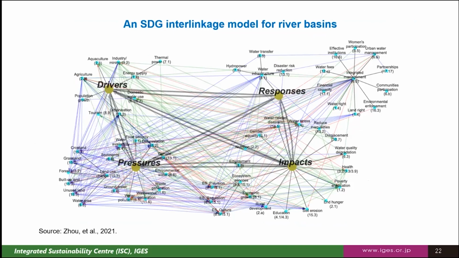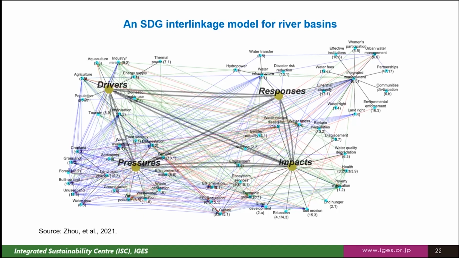Through the systematic review, we built a qualitative SDG interlinkage model for river basins based on a simplified drivers, pressures, state, impact, and response DPSIR framework. Each node indicates a key element, with the code in parentheses indicating the corresponding SDG targets.